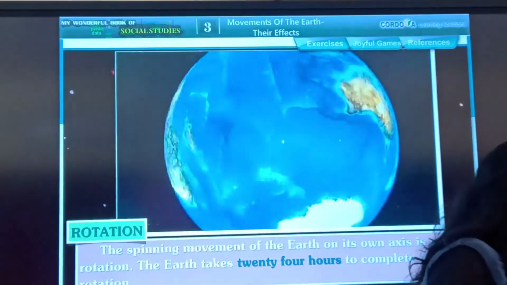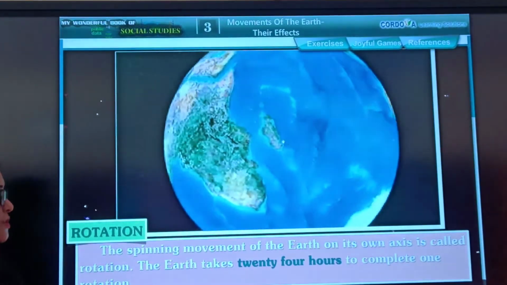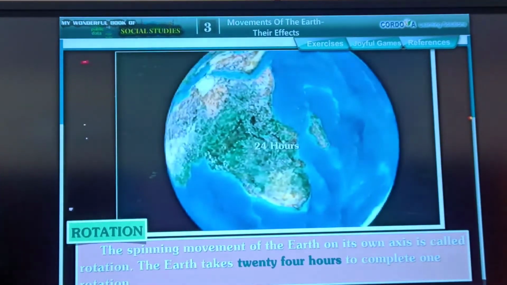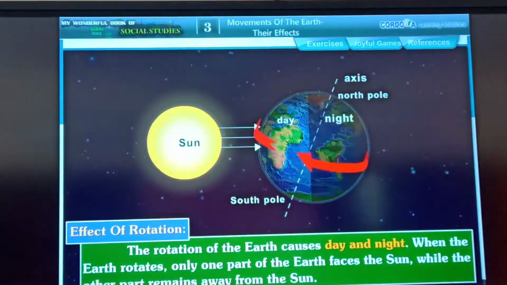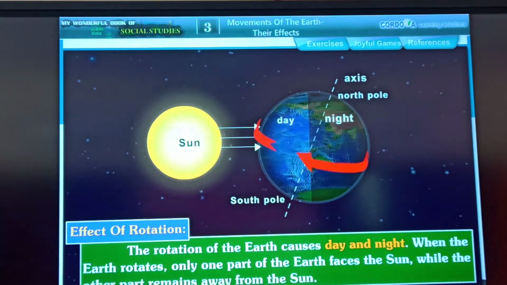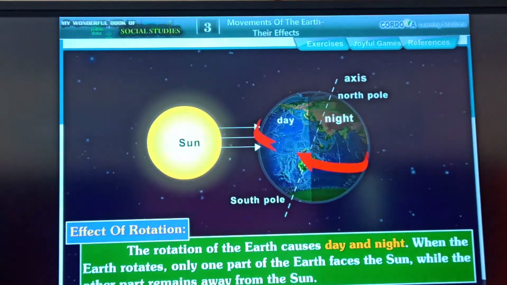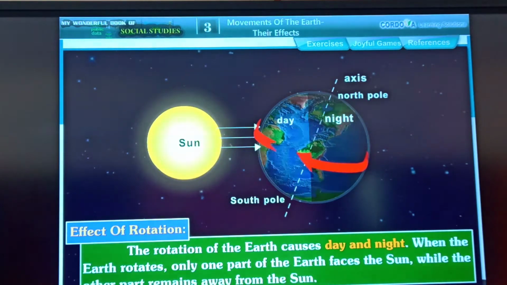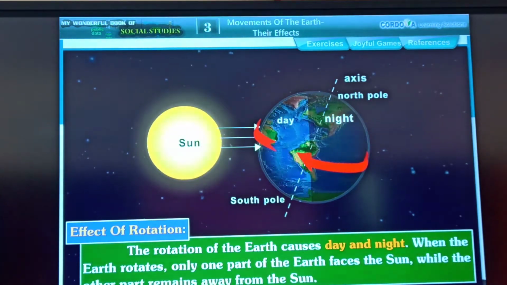The spinning movement of the earth on its own axis is called rotation. The earth takes 24 hours to complete one rotation. Effect of rotation: the rotation of the earth causes day and night. When the earth rotates, only one part of the earth faces the sun, while the other part remains away from the sun.